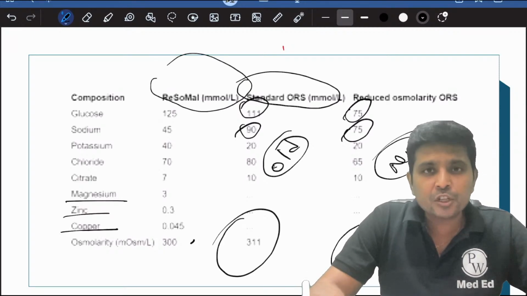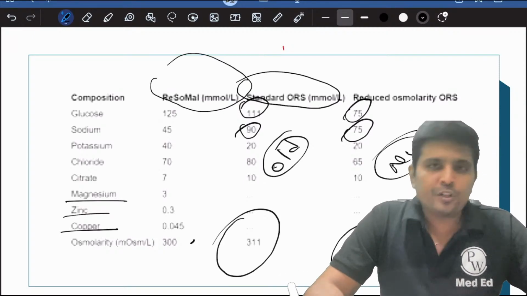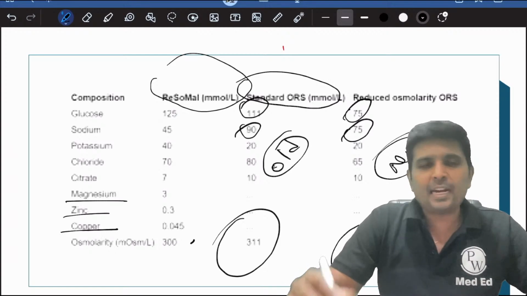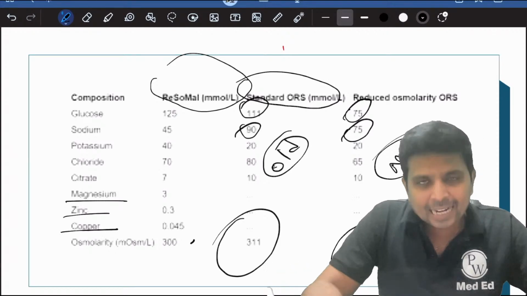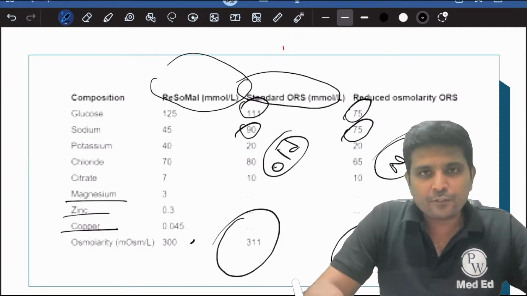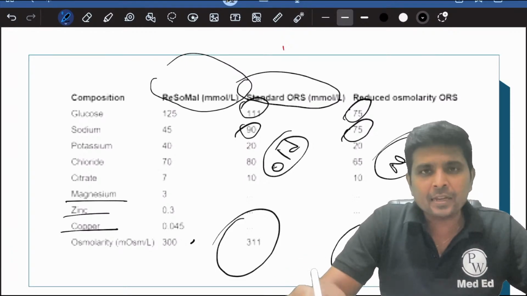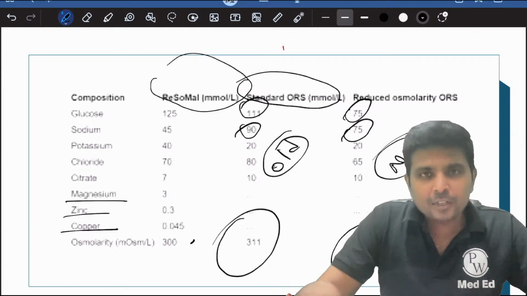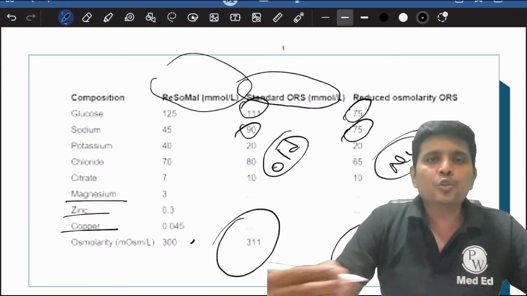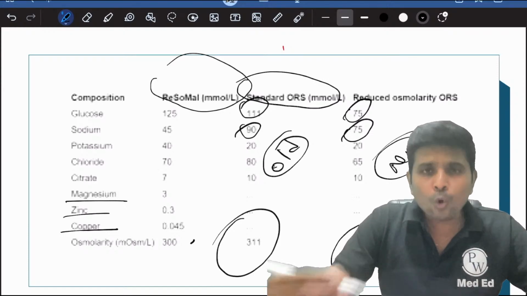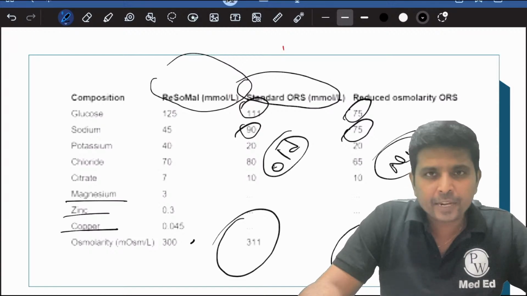ReSoMal, in which, because of hypovolemia, the renin angiotensin aldosterone system will be acting so much, as a result of which children with severe acute malnutrition will be having sodium retention. So in that, instead of giving normal sodium, they reduce the sodium amount in the ORS solution. So what does it mean?